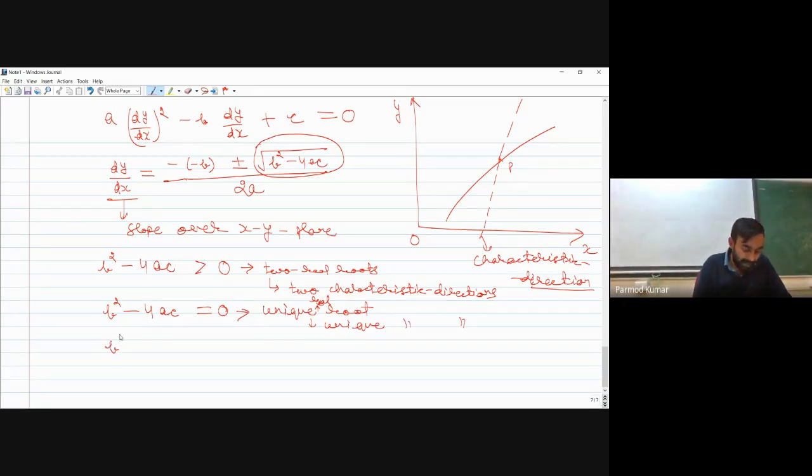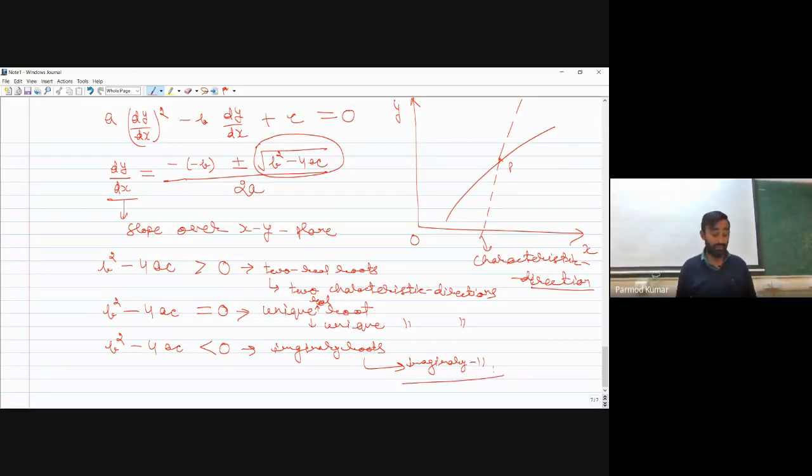Then if b square minus 4ac is less than 0, we will have imaginary roots, and obviously we will get imaginary directions.